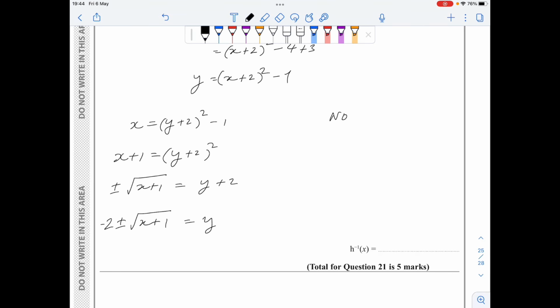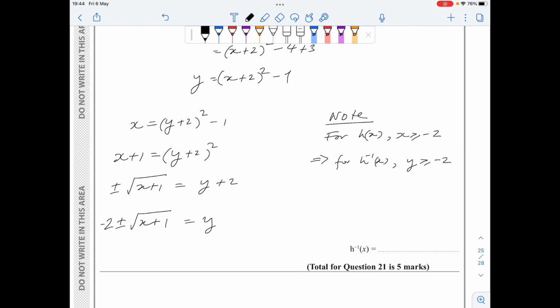Now note that for h of x, x is bigger than or equal to minus 2. This is given by the question. So for the inverse, it means the y is bigger than or equal to minus 2, since the roles are reversed.